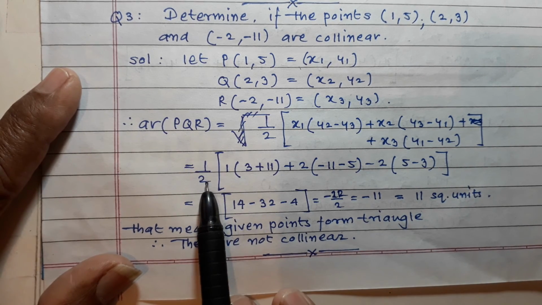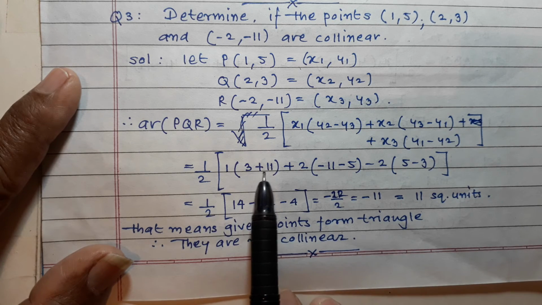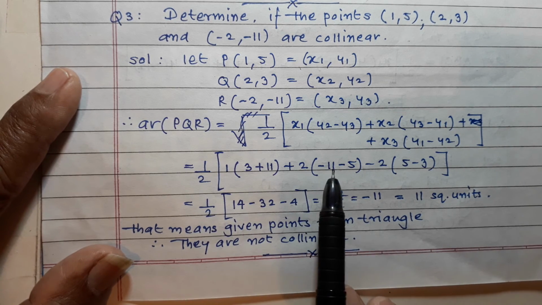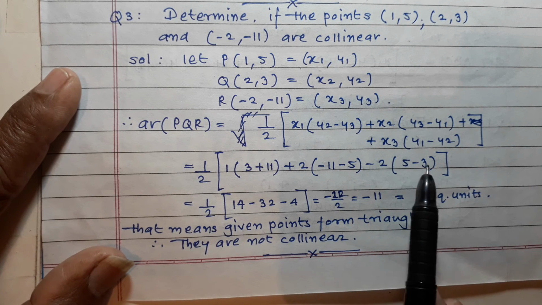So it is equal to 1 upon 2 into bracket 1 into bracket (3 + 11) plus 2 into bracket (-11 - 5) minus 2 into bracket (5 - 3).